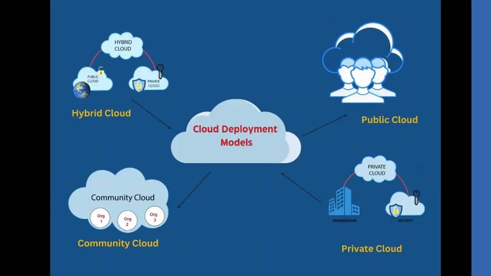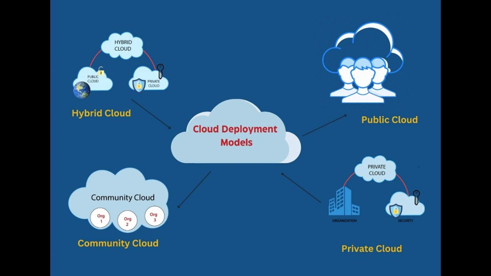Then deployment models. Cloud services can be deployed in various ways to meet specific business requirements. For example, public cloud means services are offered over the internet and available to the general public, which is why it is called public cloud. Everyone who wants to access the cloud can pay and use it.